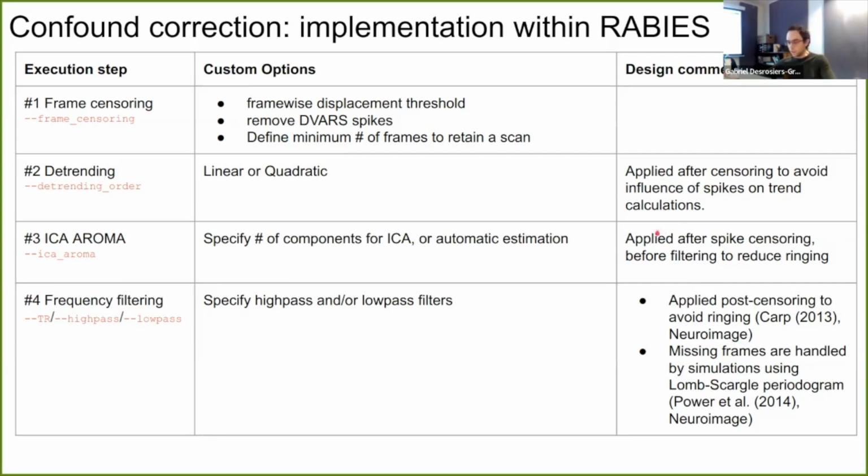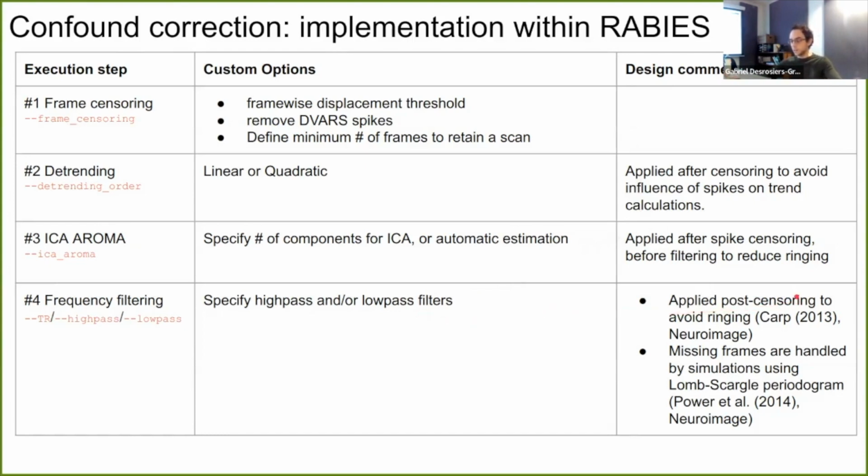And one note here on the design of these steps is that these are applied before frequency filtering because we want to maximally remove spikes in signal, either from motion or other sources, with frame censoring or ICA-AROMA, because frequency filters don't deal well with spikes.